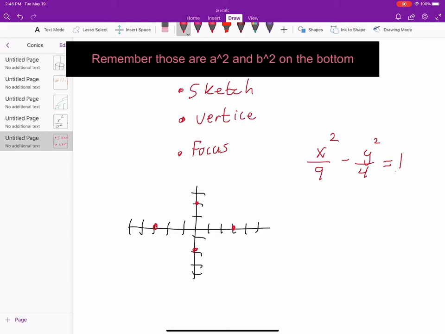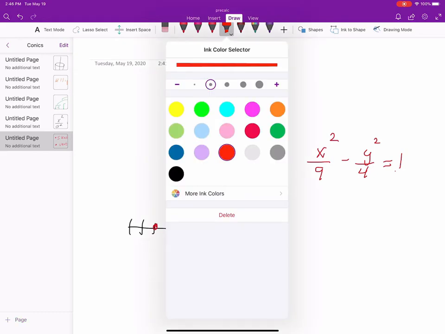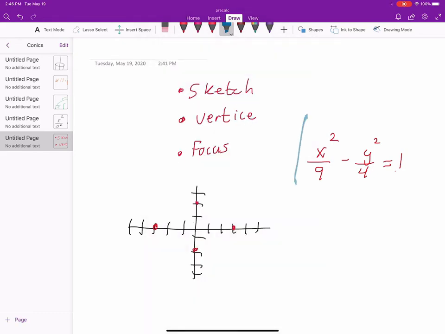And my hyperbola is going to be along the x-axis. I want to switch this one not to red, but to this pretty blue here, because the x comes first. When the x comes first, that tells us our hyperbola is going to open along the x-axis, so it's going to be more horizontal.